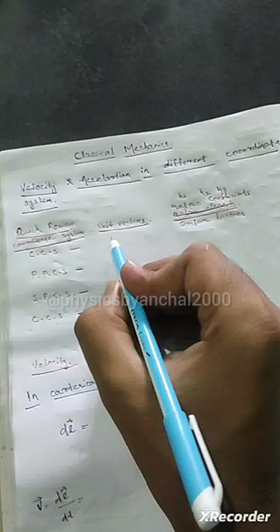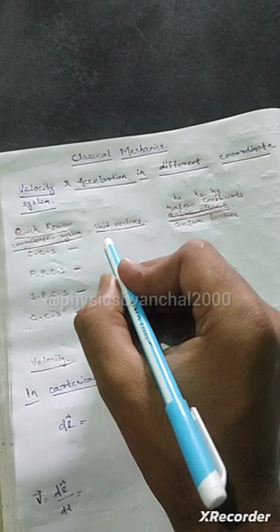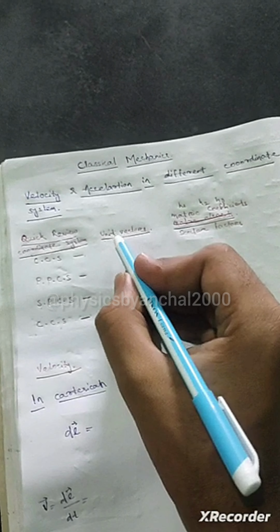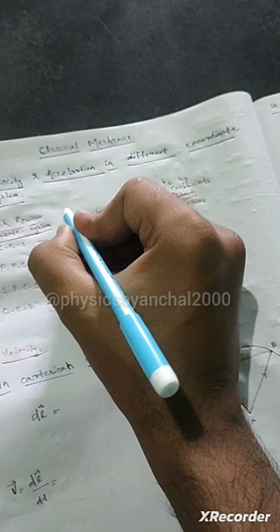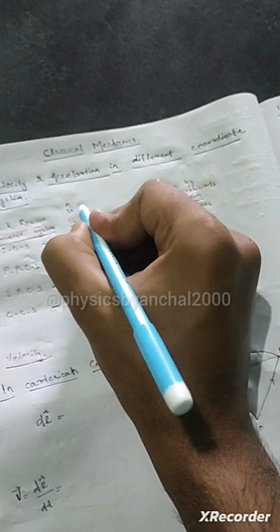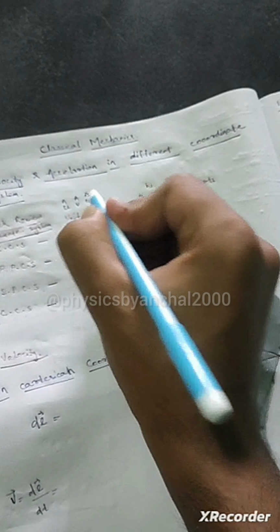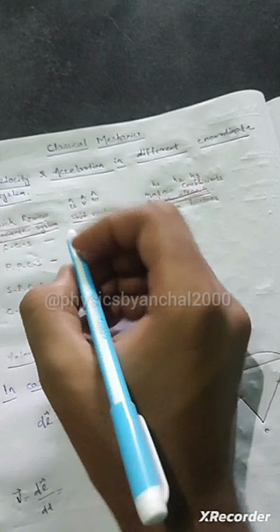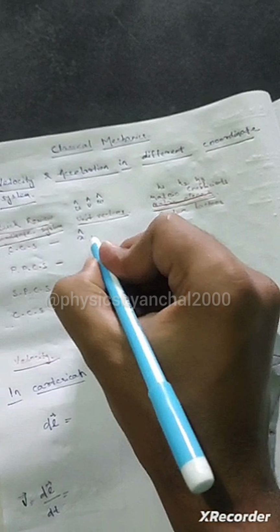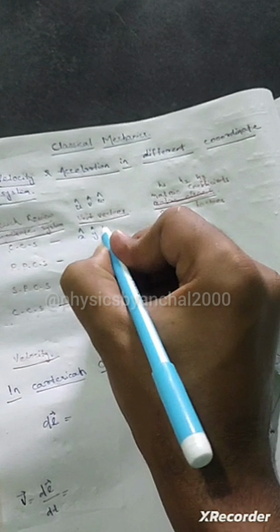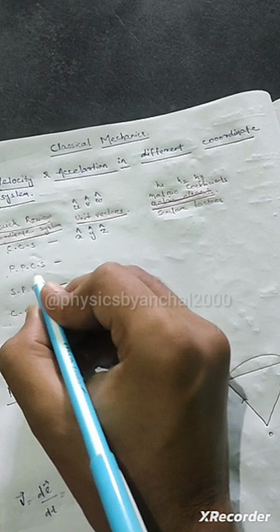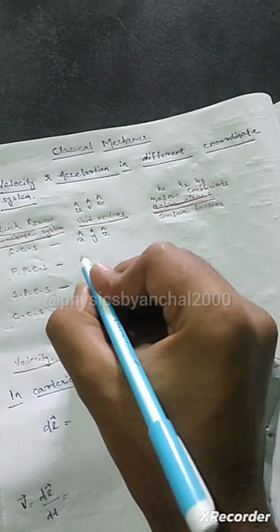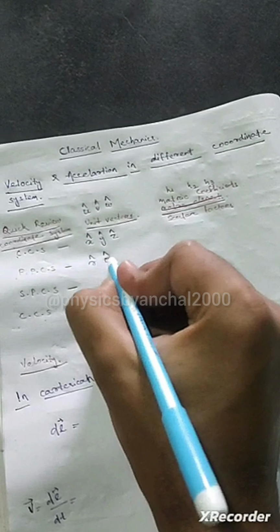The unit vectors in different coordinate systems are, in general, u cap, v cap and w cap. In the Cartesian coordinate system, the unit vectors are x cap, y cap and z cap. In the plane polar coordinate system, the unit vectors are r cap and theta cap.